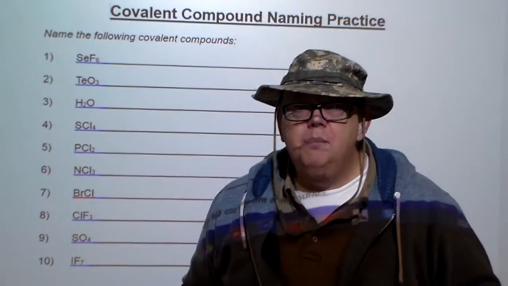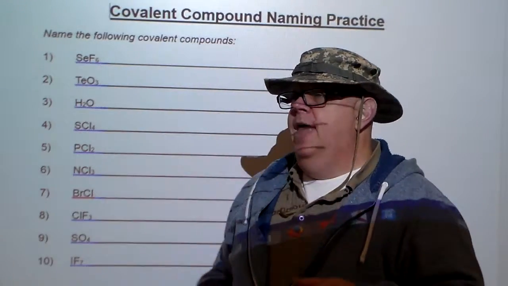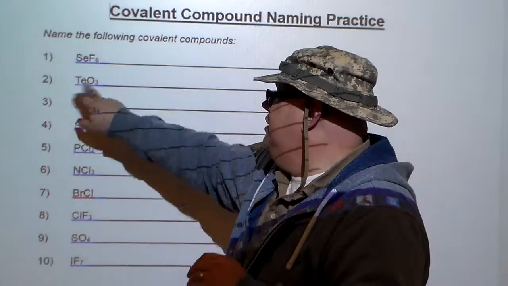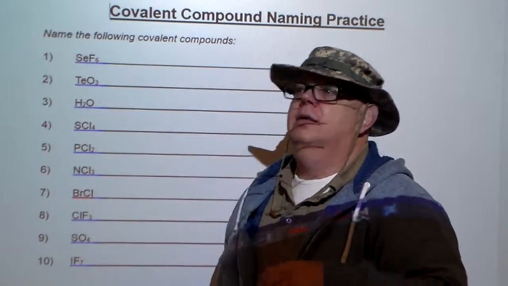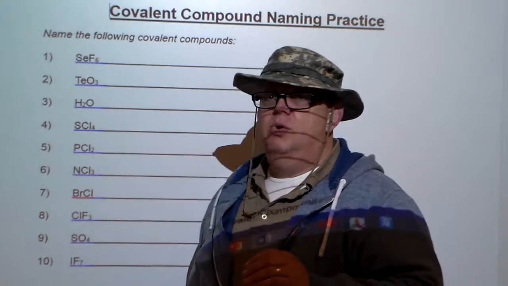What is a covalent compound, you might ask? And how do we know if one of these formulas here is a covalent compound or not? Okay, let's start with this.